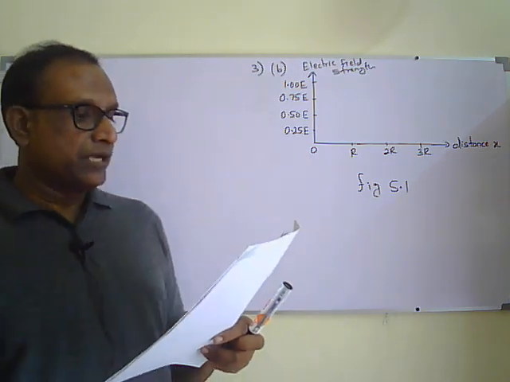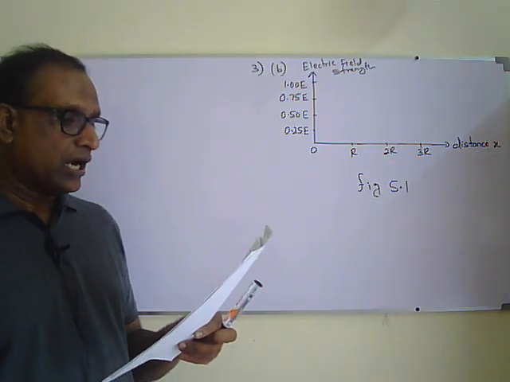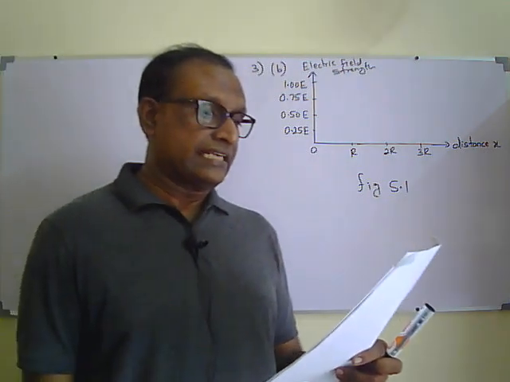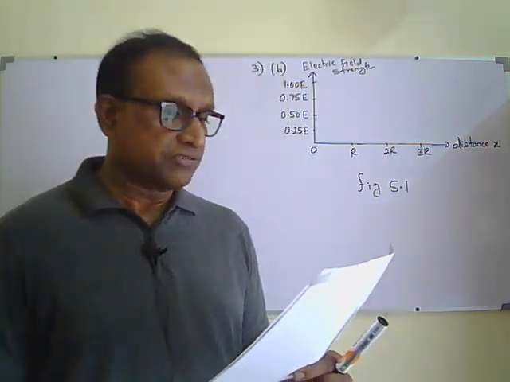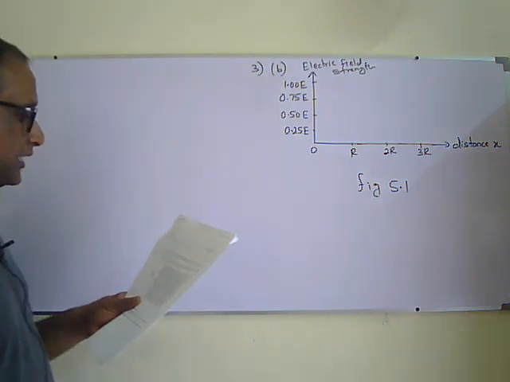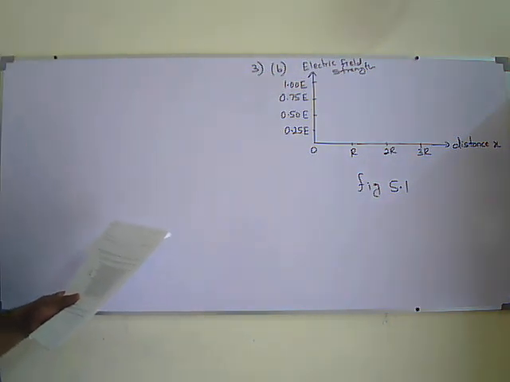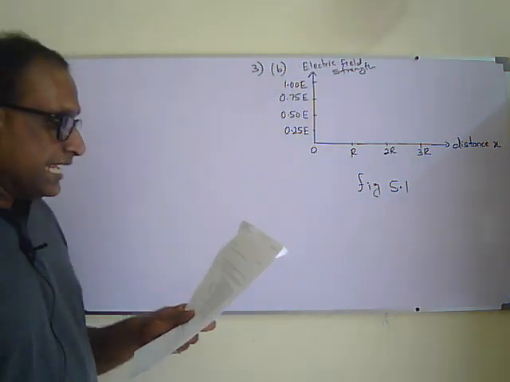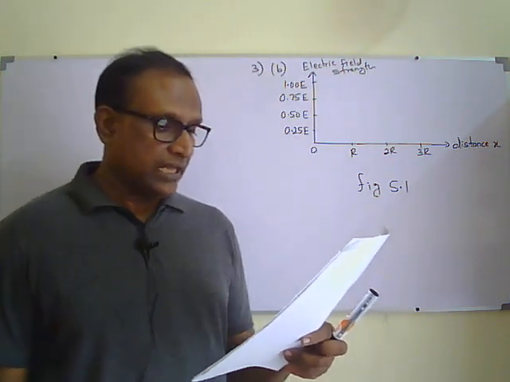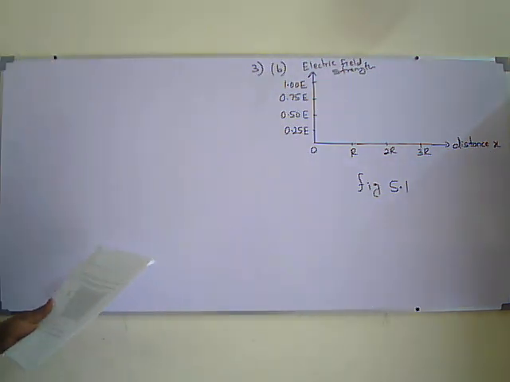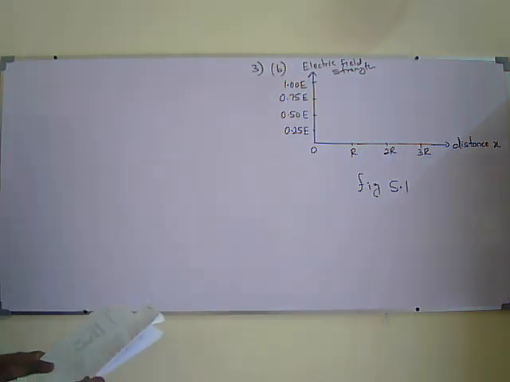So on the figure 5.1, draw a line to show the variation of the electric field strength with distance x from the center of the solid sphere for values of x from 0 to x equal 3R. So they are measuring from the center. Since they are measuring from the center, the initial electric field strength must be equal to 0.